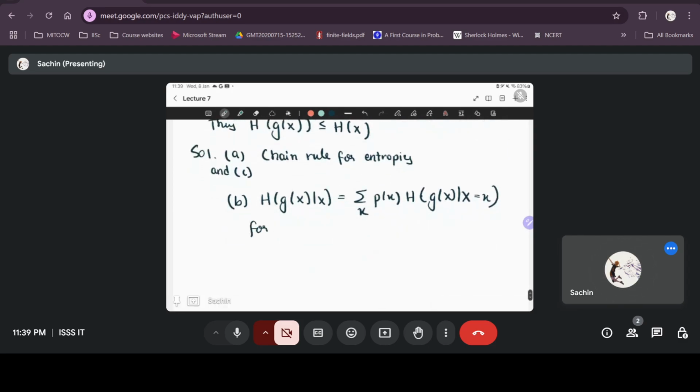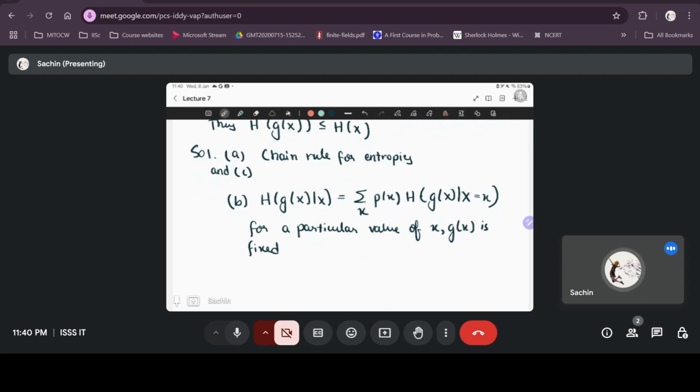For a particular value of x, g of x is fixed because it's a function. So for each value in the domain, there is only one value in the range. So for each value that capital X takes, there is one particular value that g of capital X takes.